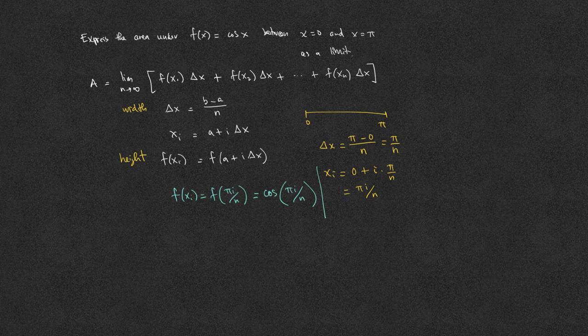And so the sum as the limit is the limit as n goes to infinity. The first height is f of x sub 1, so i equals 1.